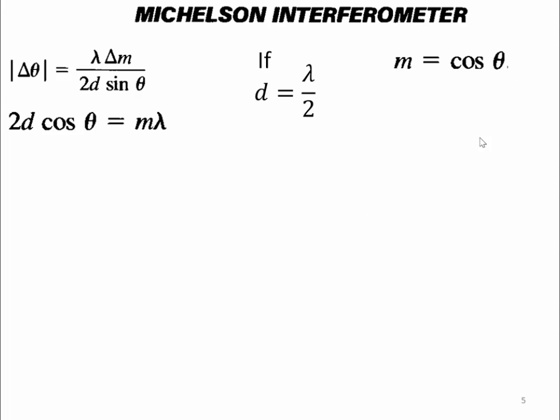What does this actually mean? This means that in the field of view, we will be having only one particular dark or bright fringe. So m can only take one value, isn't it?